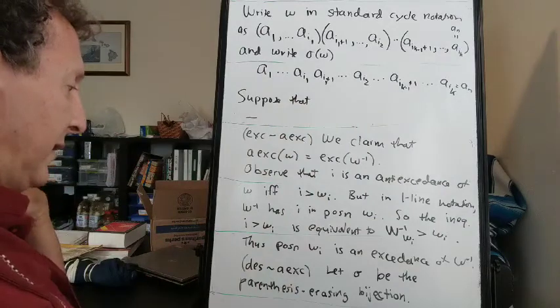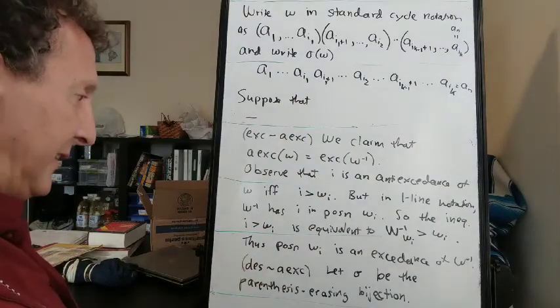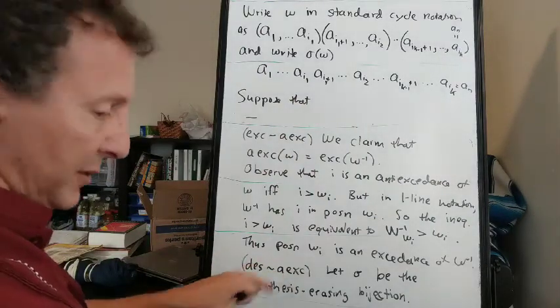All right, so we're claiming that descents and anti-exceedances are equally distributed.